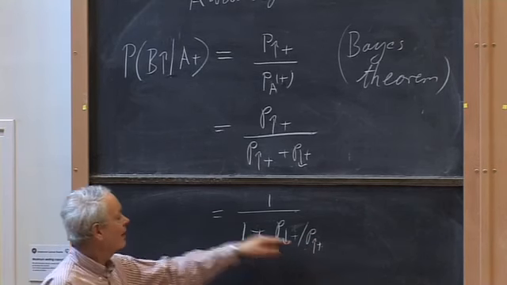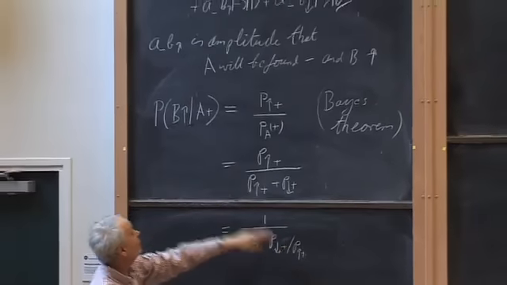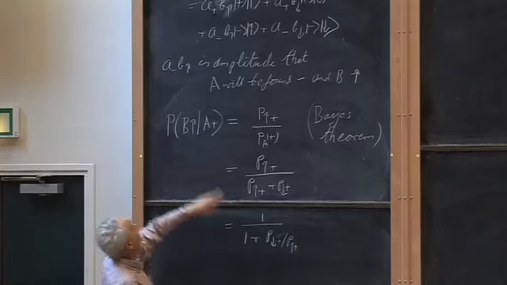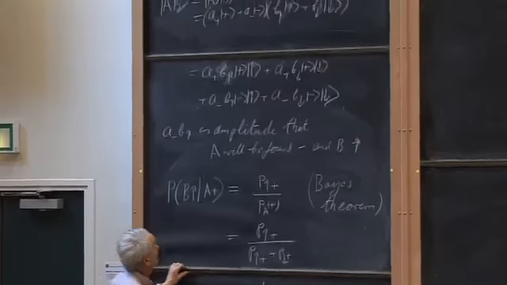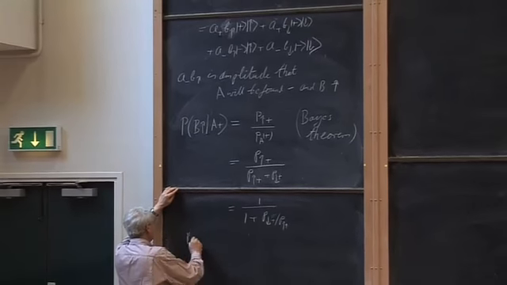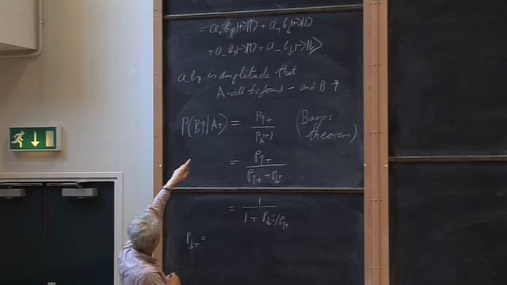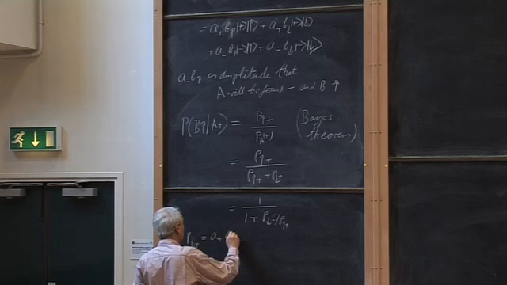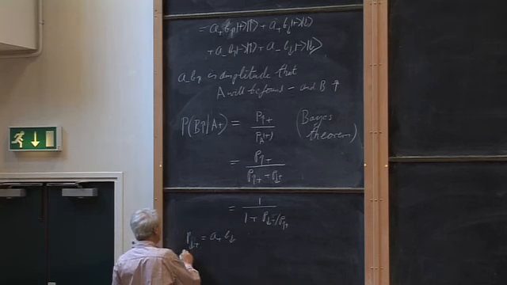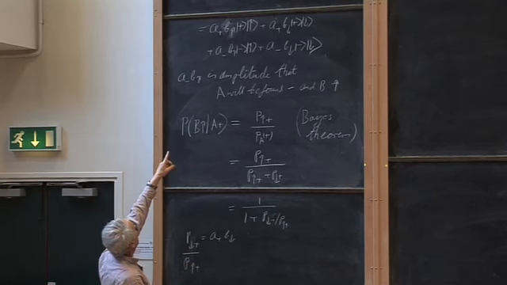What about this? Let's go back to that expression up there. What's this probability in terms of those amplitudes? P down plus, P down, down and plus is equal to A plus B down. And P up plus is A plus B up.